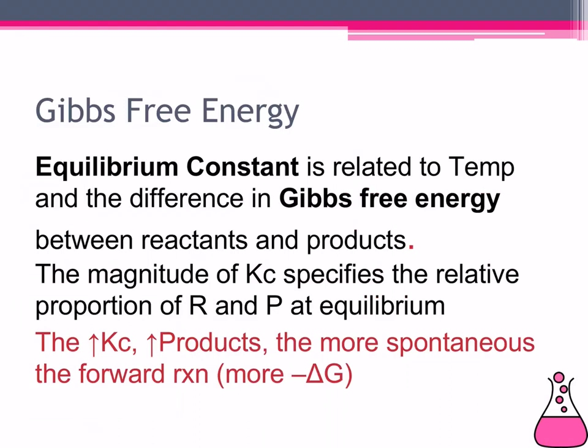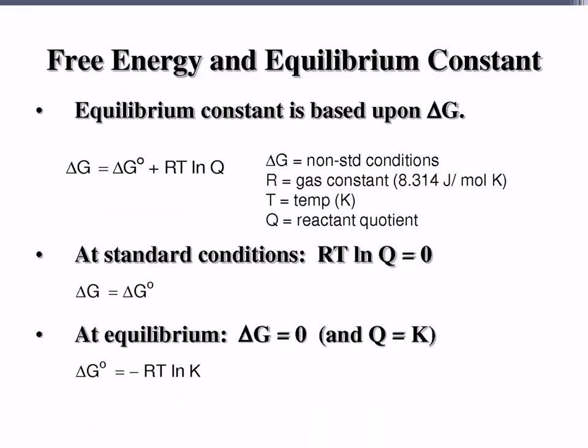So the higher that equilibrium constant value, the more products I have, which means the more spontaneous that forward reaction is. And remember, a spontaneous reaction will have a negative Gibbs free energy, a negative delta G value. That's going to be spontaneous.